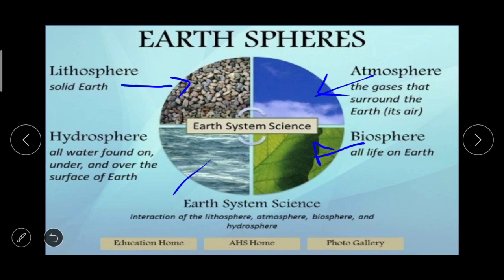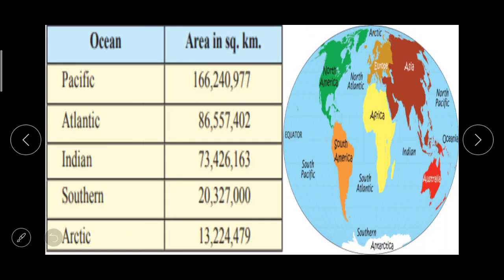Now in the lower standard, you have already studied lithosphere and hydrosphere. One more thing, this chart is given in our textbook about the oceans and their area in square kilometer.